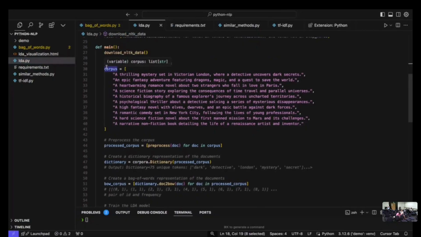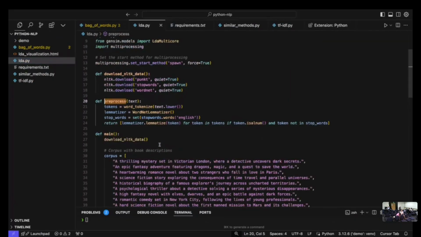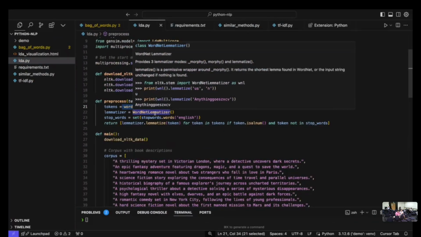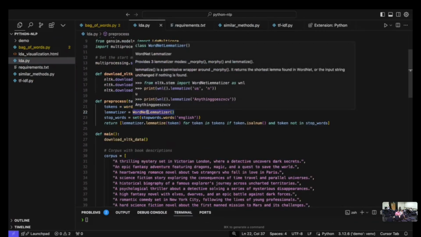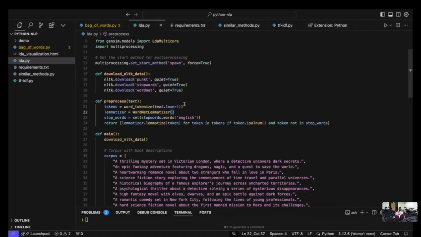This is our corpus, which is a collection of books of different genres. Now we need to do the pre-processing. If we go to pre-processing, we see we are tokenizing the words, that is, breaking down the sentences into smaller words. And we see something called a lemmatizer. The lemmatizer uses a lexical dictionary in order to stem the sentences.